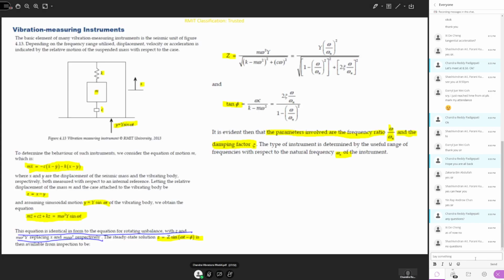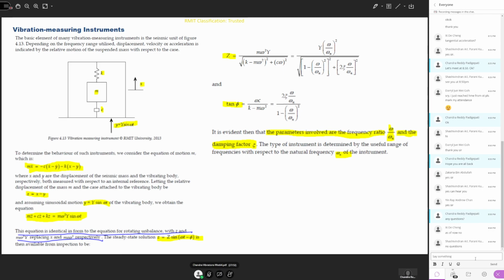For measuring earthquake waves, the measuring instruments are known as piezometers. Essentially, any vibration measuring system will characteristically have this type of setup, where y is the base movement. Base movement is a function of omega, so it varies. Capital Y is the magnitude or amplitude of the base movement. So you have a damper, a mass, and a stiffness.